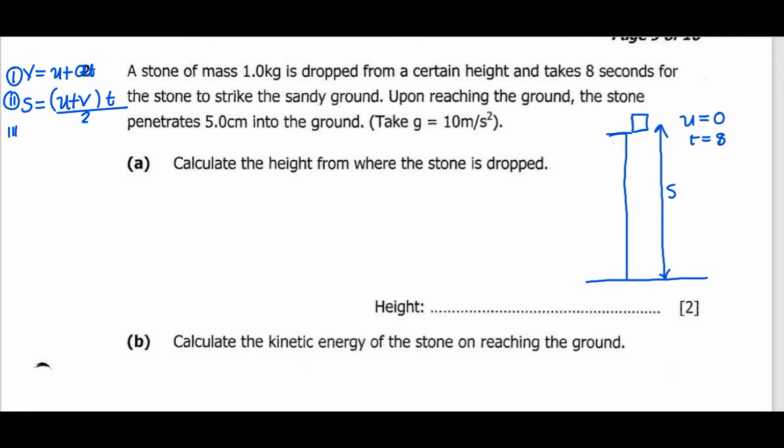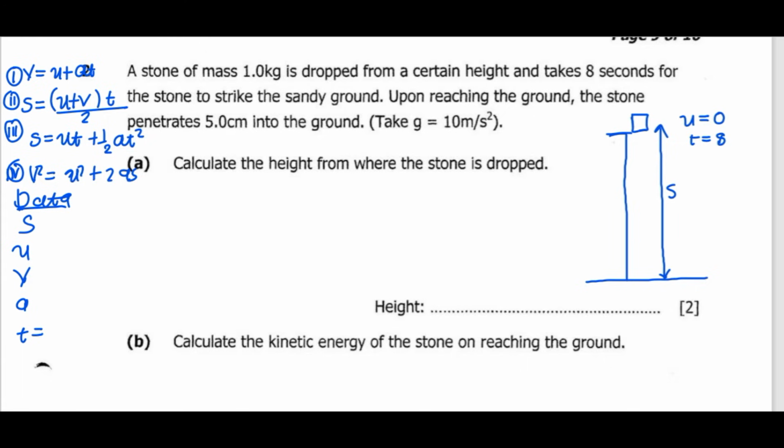The third one is s, which is displacement, is equal to ut plus half at squared. Then the fourth one is just v squared is equal to u squared plus 2as. Now let's look at the data collection. So data collection will give us which formula is applicable. So say S, U, V, A, t.